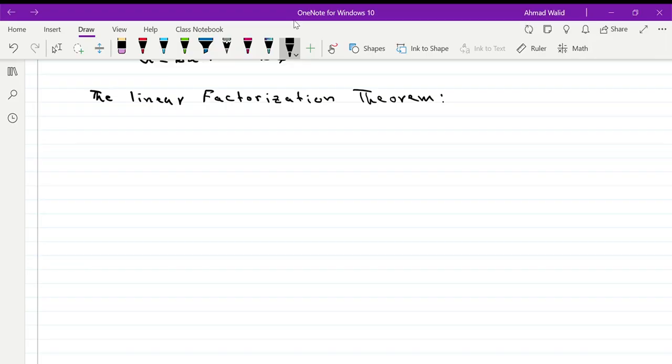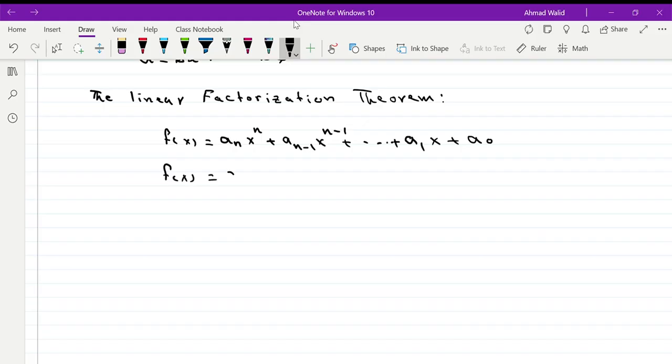If you have a function in the form of f of x equals a sub n x to the power of n plus a sub n minus 1 x to the power of n minus 1 plus and so on plus a1 x plus a0, then you can say f of x equals a sub n times (x minus c1) times (x minus c2) and so on times (x minus cn).